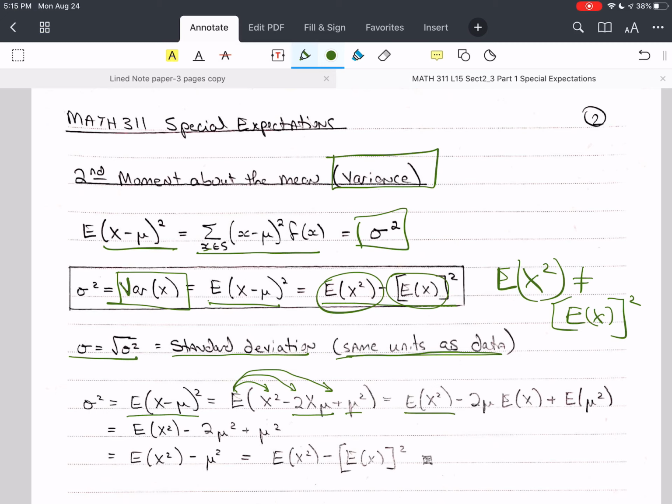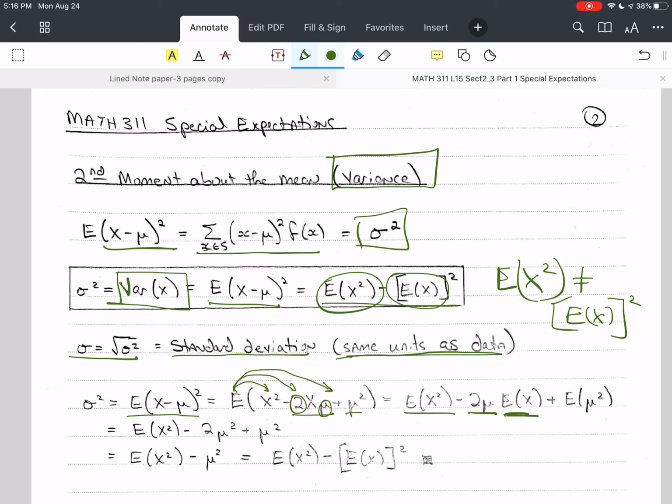And so we end up with E of x squared minus, the 2 is a constant and mu is a constant, and using our properties we proved in the theorem last section, we move the 2 mu outside, and we're left with E of x. And then we have E of mu squared, which is a constant.